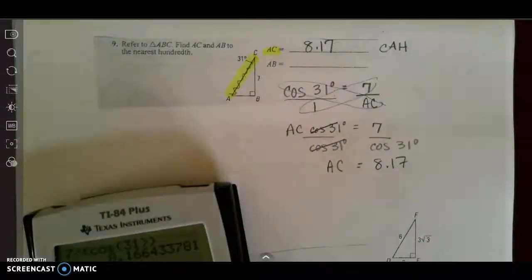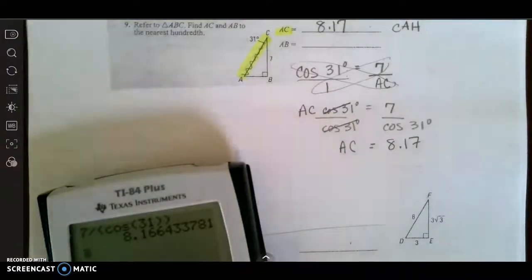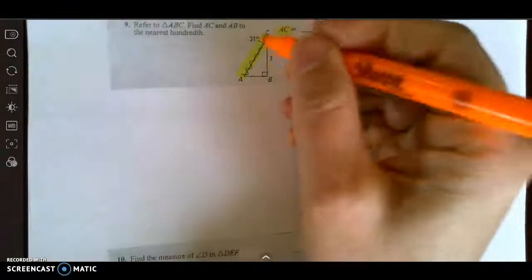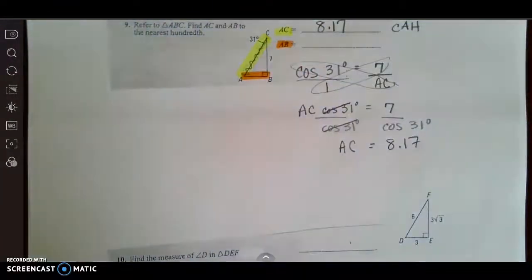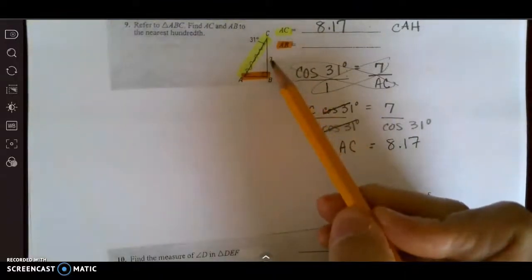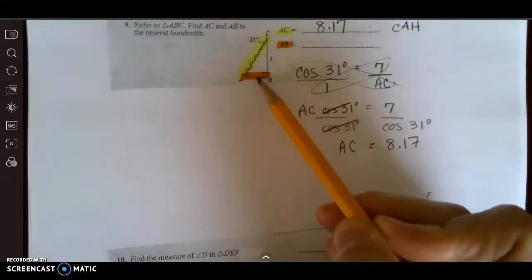Right. Now I need to find the length of side AB. So in order to do that, this is the side I'm looking for now. And so this time I have the adjacent side, I have the angle, I don't have the opposite side.